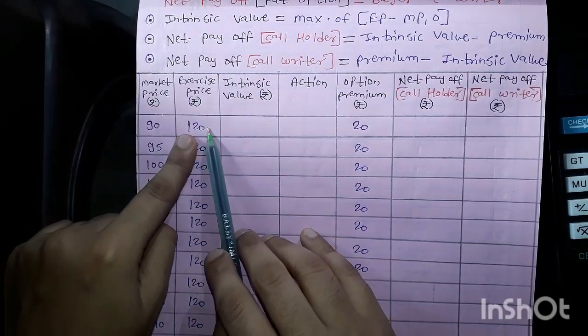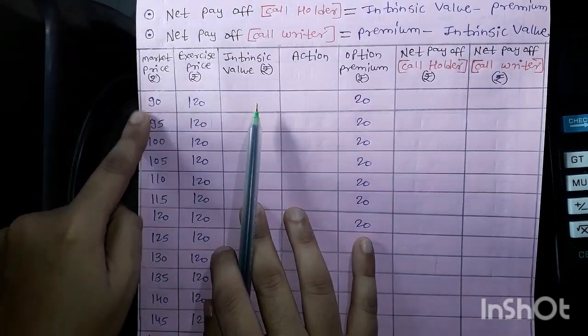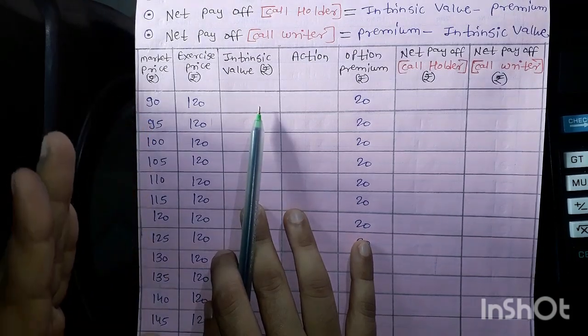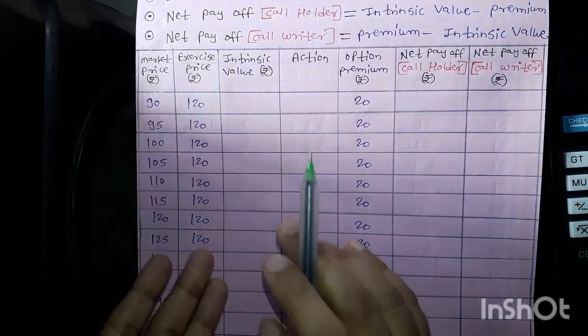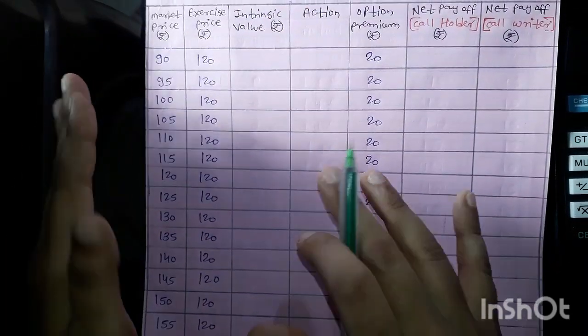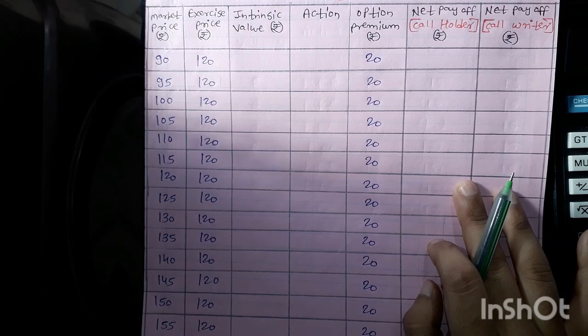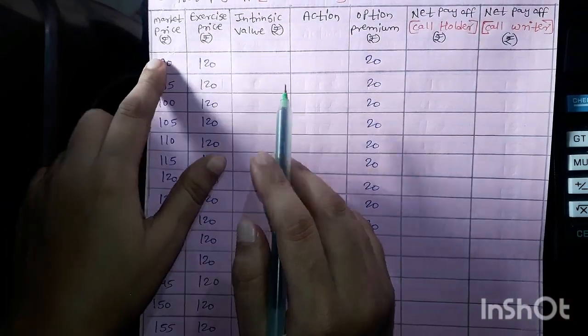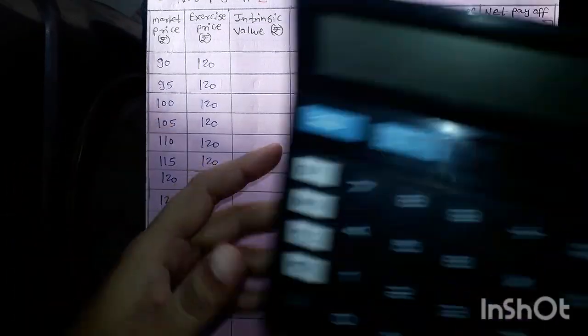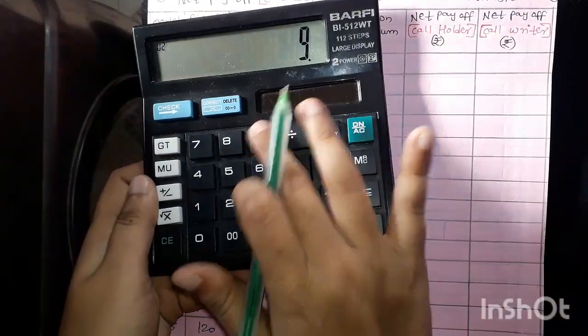This is the exercise price, this is the market price, which is given in the question in intervals of 5, from 90 to 160, like that we have written everything. The exercise price was the same in the case of the call option also and the put option also. So first of all, exercise price minus market price. Here 120 minus 90, I am getting positive 30.